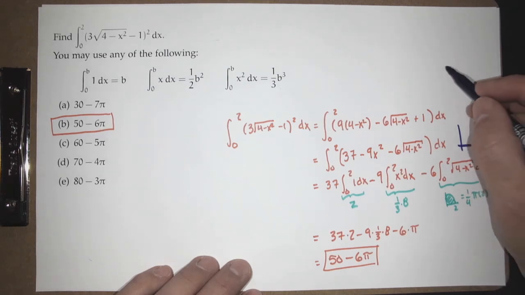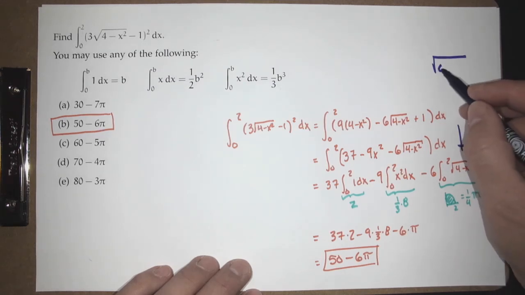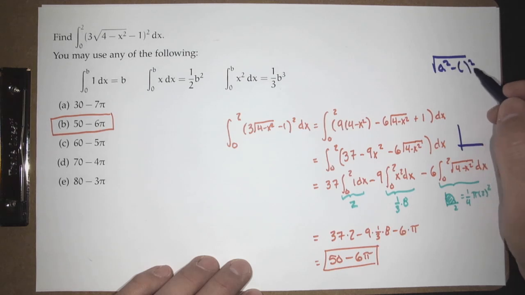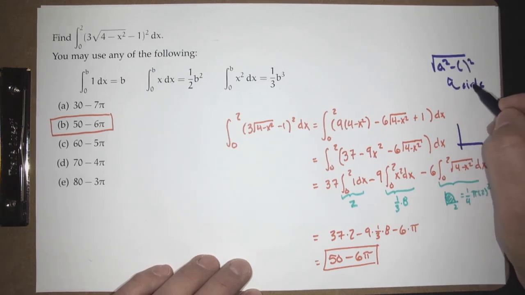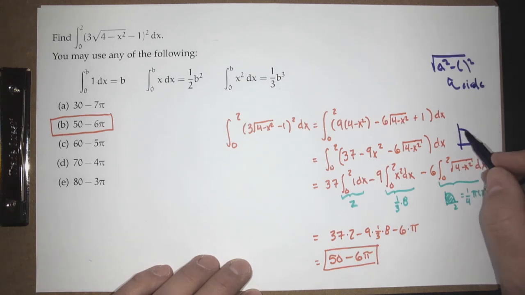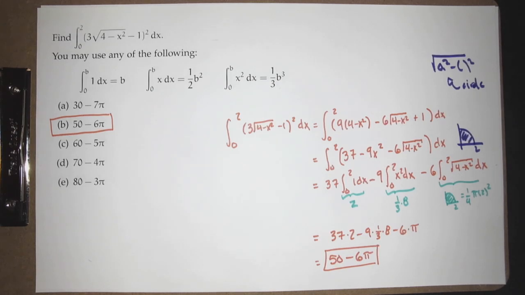So whenever you see something like square root a squared minus something squared, you should be like, looks like a circle. And so this is the circle of radius 2, but not all of it, just a quarter of it. And so you end up with 74 from the first part. You end up with, what does it end up being? Negative 24 from the second part, and 6 times pi from the last part. So 50 minus 6 pi. There we go.